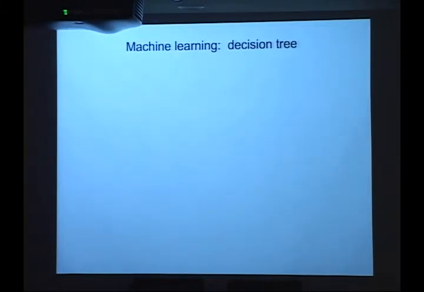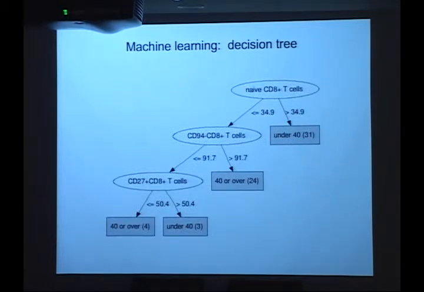The other tool that Janet has built into this database is a decision tree algorithm. And this is, for those of you not familiar, a machine learning tool that allows you to use your data set and try to predict a particular outcome of interest. And in this kind of toy example here, we're asking, using a set of cell phenotyping data, whether we can predict age, okay, in 2 major buckets, under and over 40.